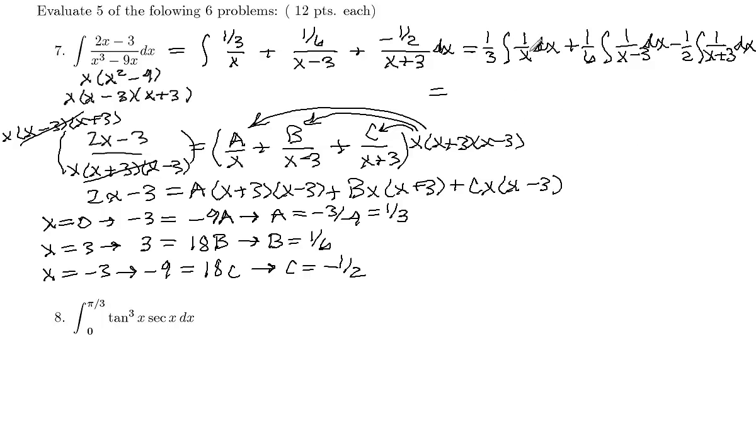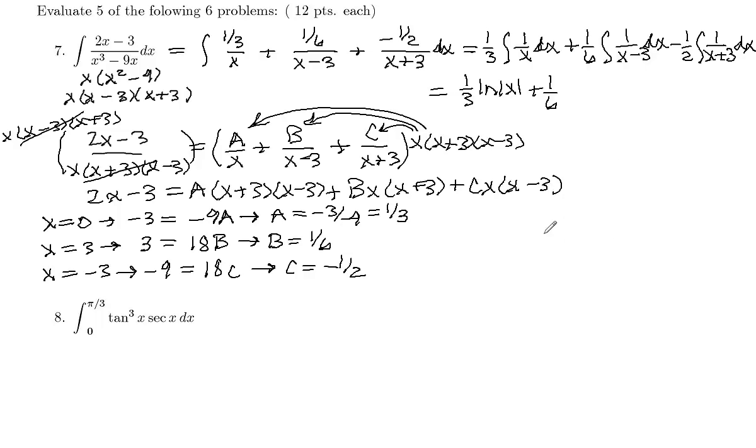Okay, the integral of 1 over x is ln x. So this is going to be 1/3 natural log, absolute value of x, right? And then plus 1/6. And now the integral of 1 over x minus 3, well, the derivative of x minus 3 is 1, so this looks like g prime over g.